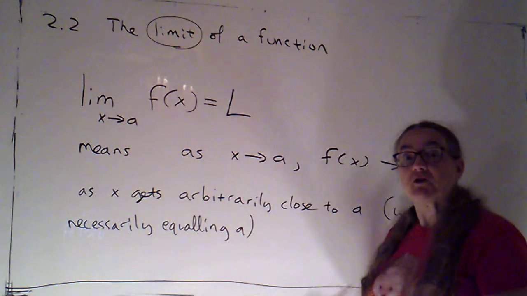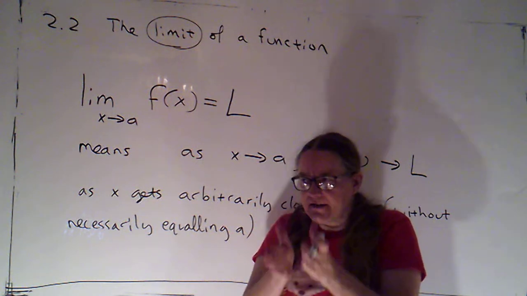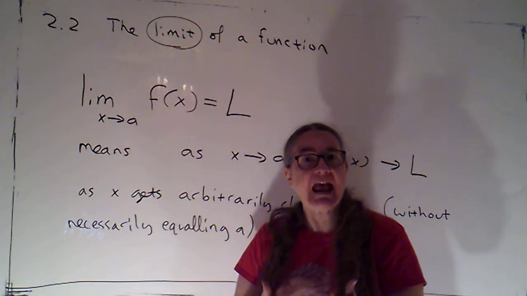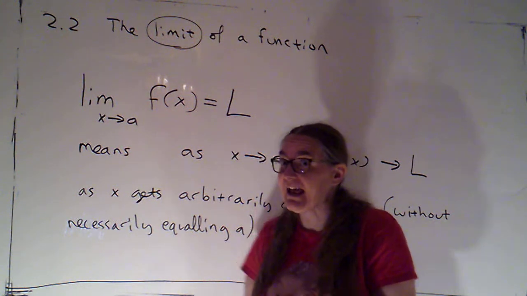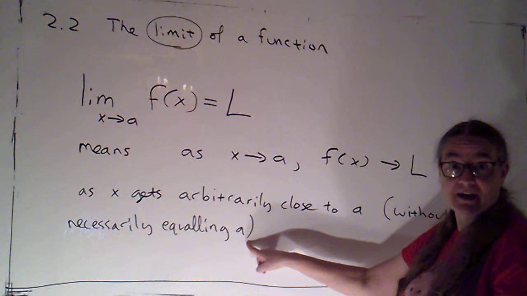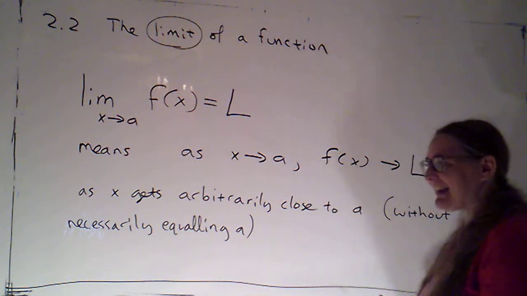So if I were actually at an x value of a, the distance between where I am and a would be 0. That's as close as you can possibly get. We're not considering that. We're considering that we're close to but not at a.